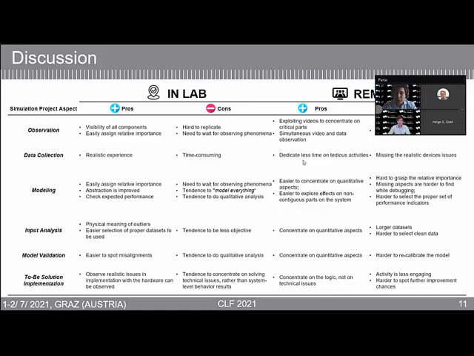So the activity was less engaging, and some of the students considered it almost useless for the goals. So these are some of the comments, and you can find other comments in the paper.